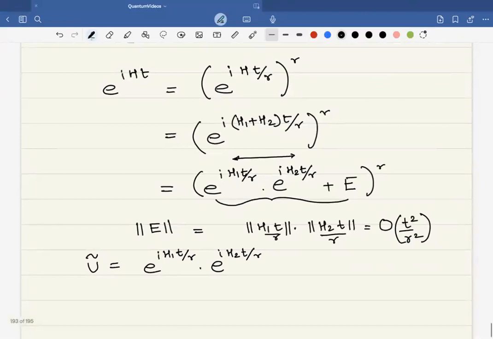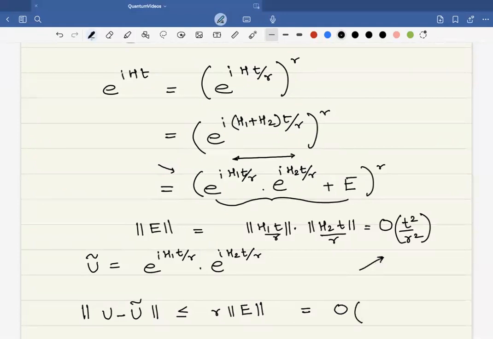In general, the norm of U minus U tilde is less than, due to this, a product of r unitaries, and each of them introduces this error e. So one can show that this is less than r times e, which is of order t squared over r.